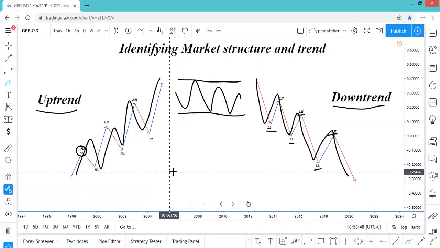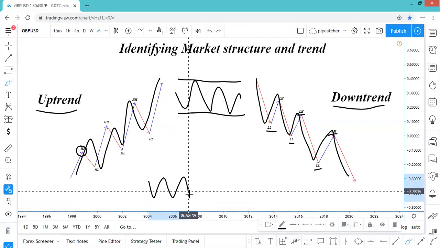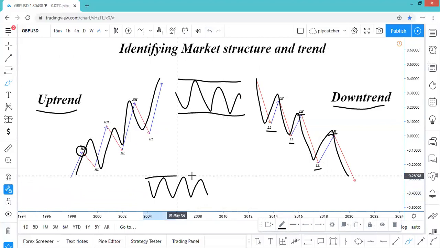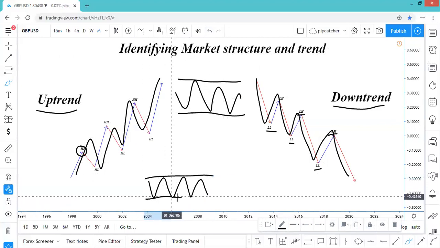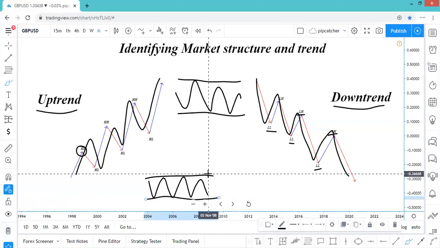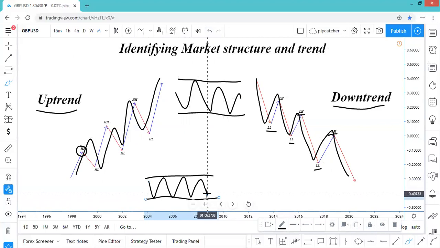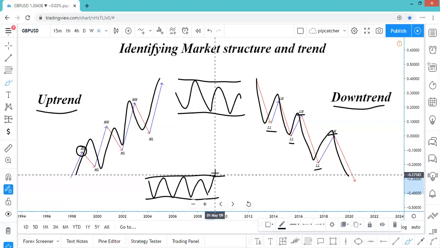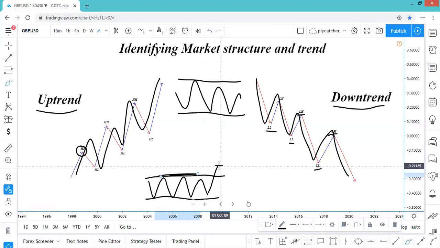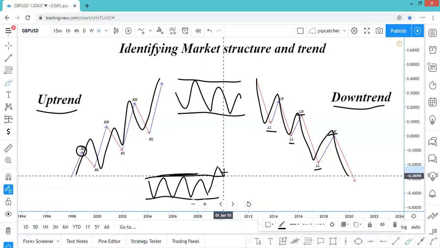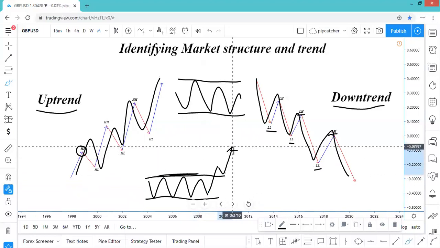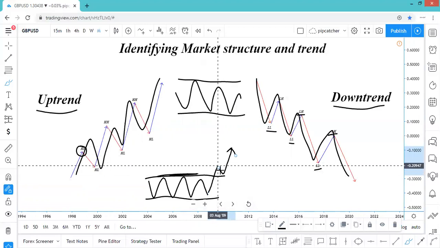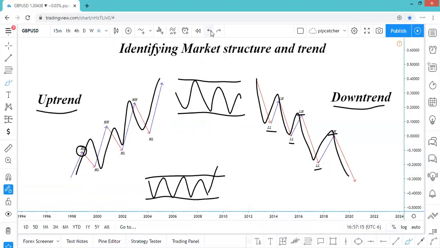But from that sideways consolidation, I realized that most of the time, if the market trades up and breaks these highs here, I know that the market can continue being bullish, and vice versa.